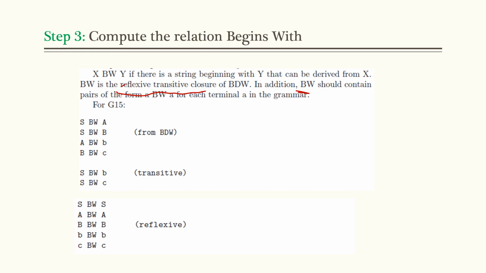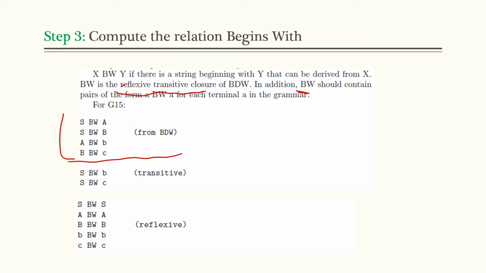For the reflexive transitive closure, there are 3 rules. First, you need to copy the pairs that you get from BDW, from the previous step.